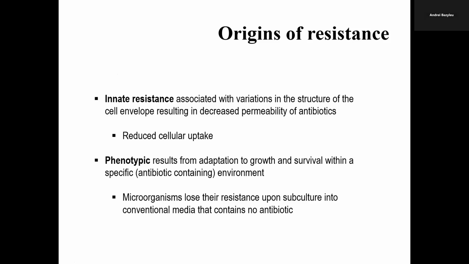Why vertical? Because you're passing from mother cell to daughter cell and so on, vertically from generation to generation. Phenotypic resistance, when the plasmid is being shared between a community of cells, is what they refer to as horizontal gene transfer. We had that term earlier. Horizontal means that you are moving the genes within the cells of the same generation, because the plasmid is being given to the cells of the same generation.